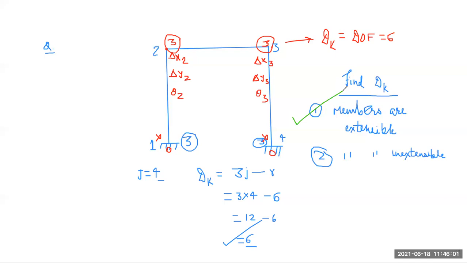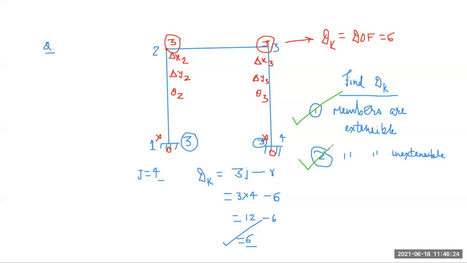Now find the other case of Dk when your members are inextensible. Take your time, take 1 minute, then solve this question. Can your Dk value change from 6 to 3, 4, or 5?